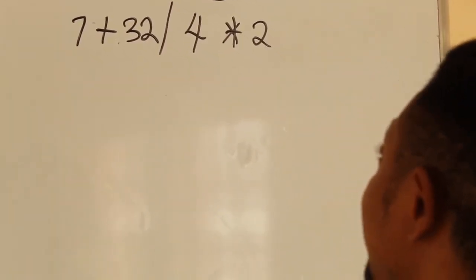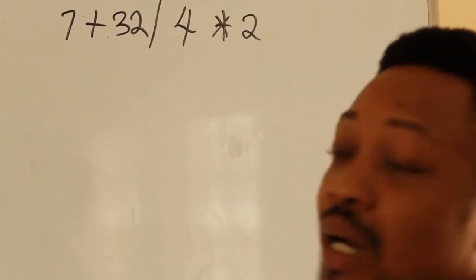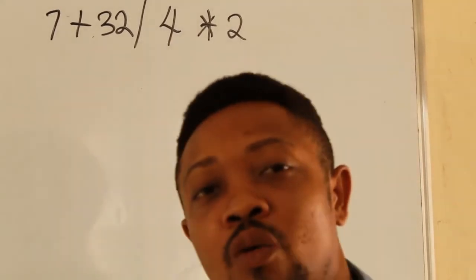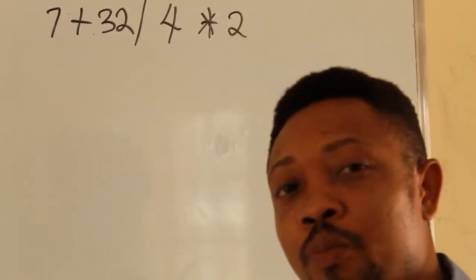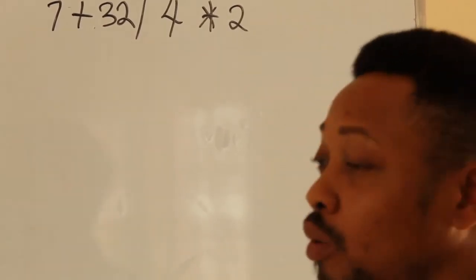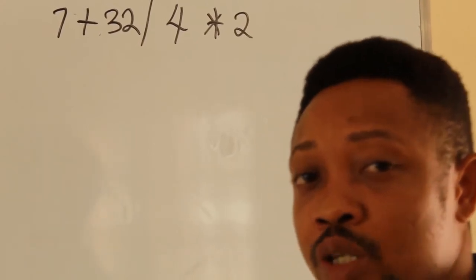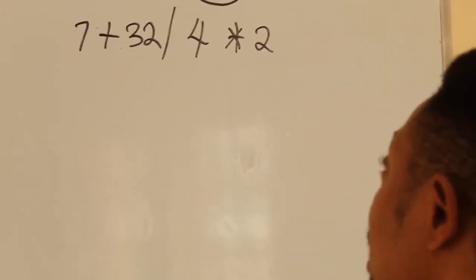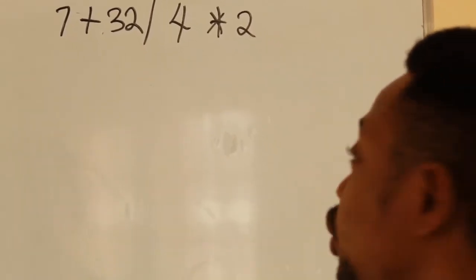The next here is a tie of division and multiplication, and we said that according to BEDMAS, when you're faced with operators of the same level of hierarchy, you attend to the operator from your right to your left. So in this case, the operator from the right to the left is the division.